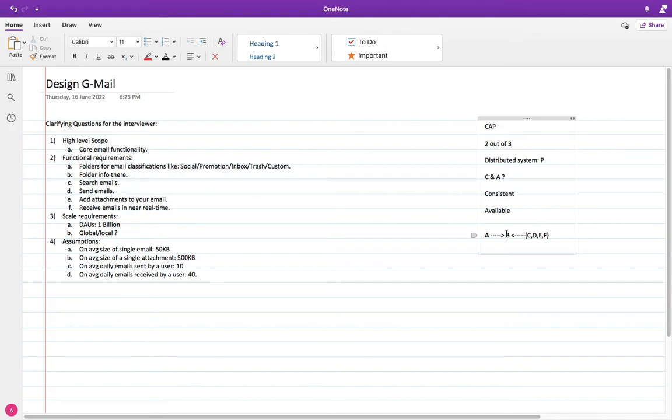So when B goes ahead and reads what all emails it has received, let's say the database was a distributed database and there were 2 or 3 partitions, and the new email was written only on one or two out of the three partitions, and the entire database is not consistent yet.